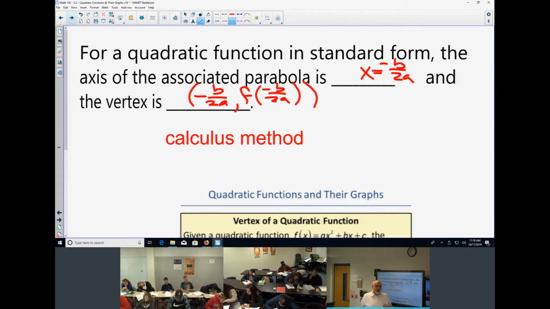This is what I call the calculus method, because the negative b over 2a actually comes from calculus. But I don't have to teach you calculus to let you learn how to use it.